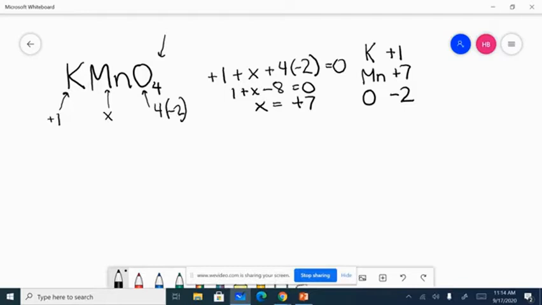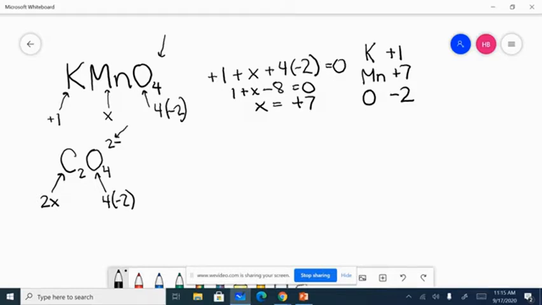Let's do a polyatomic ion. This polyatomic ion is called oxalate. So we have oxygen in there, which we can count on being -2. And carbon's another one. We have 2 of them, but we don't know what the charge is going to be on him. Carbon can carry lots of different kinds of charges. So we're going to add up. This time, it's not going to add to 0.